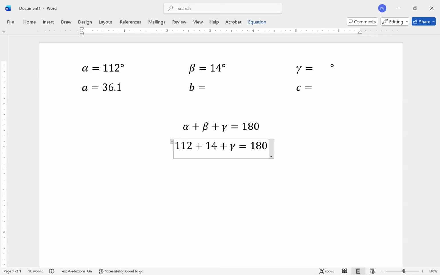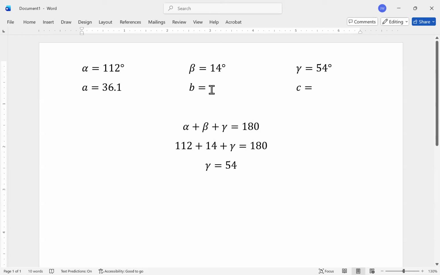Just take 180 minus 112 minus 14, and we see that gamma is equal to 54 degrees. So that's what I usually do first if I am given two angles. Anytime I know two angles, I go ahead and find the third using the fact that the angles add up to 180 degrees.